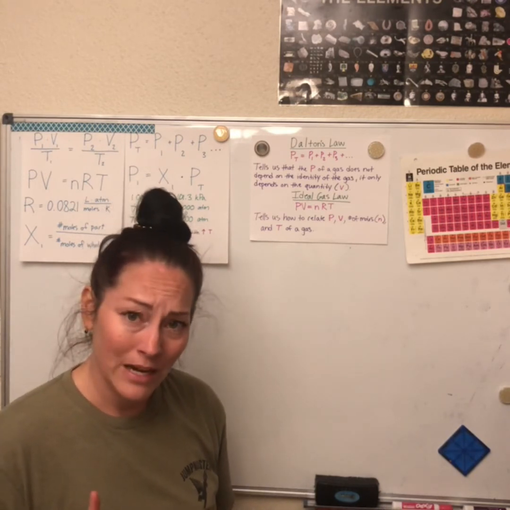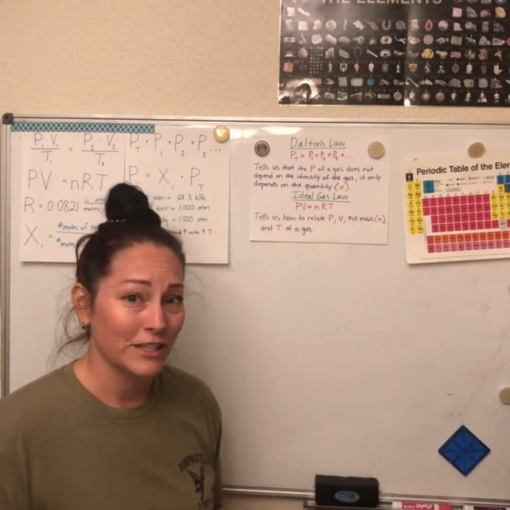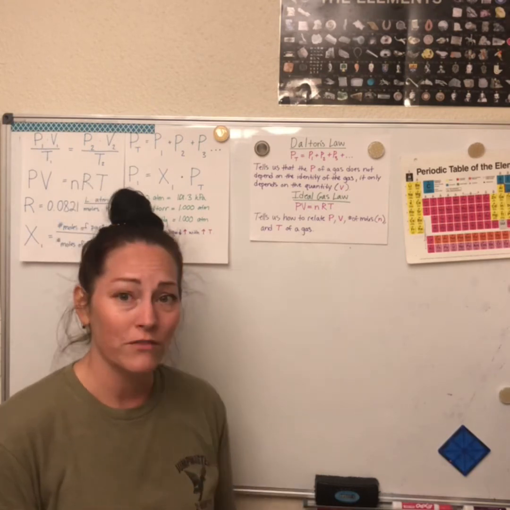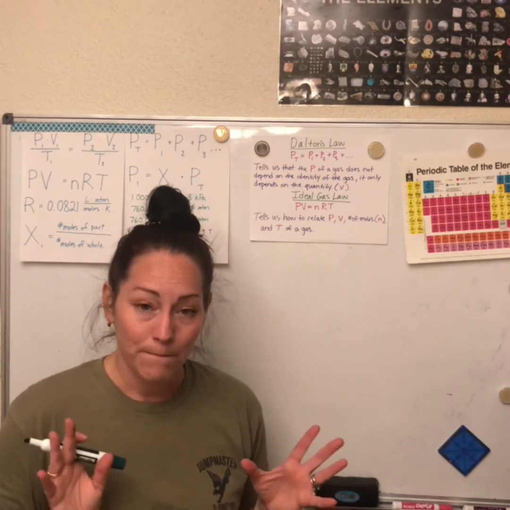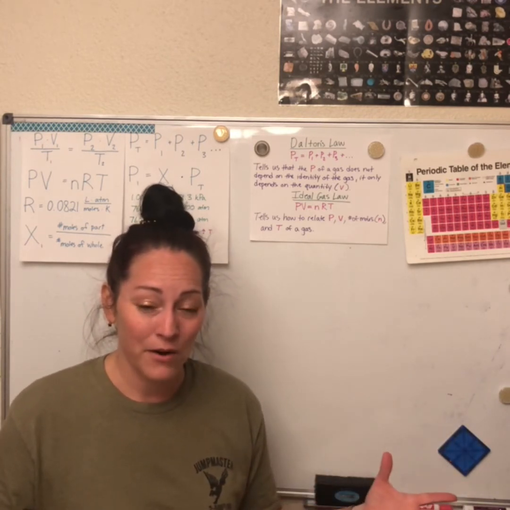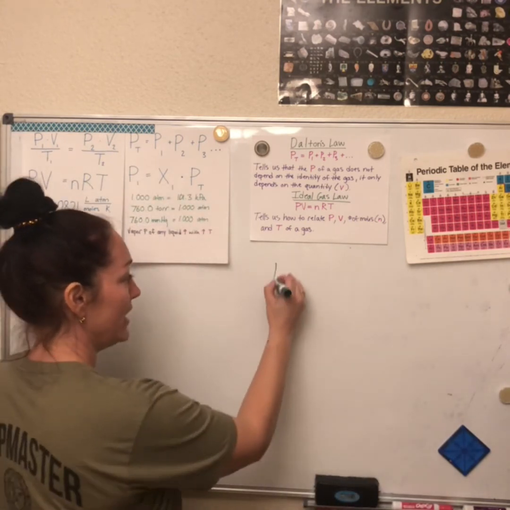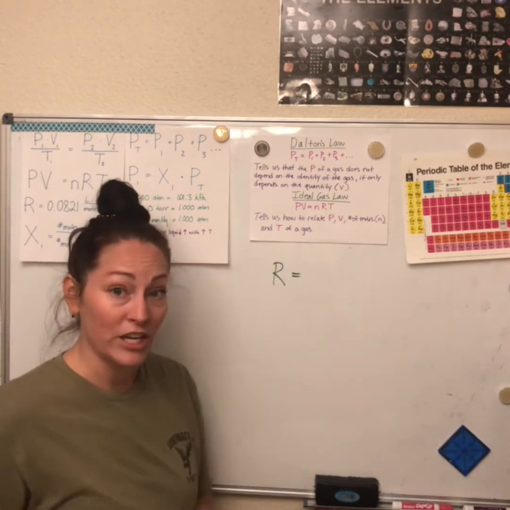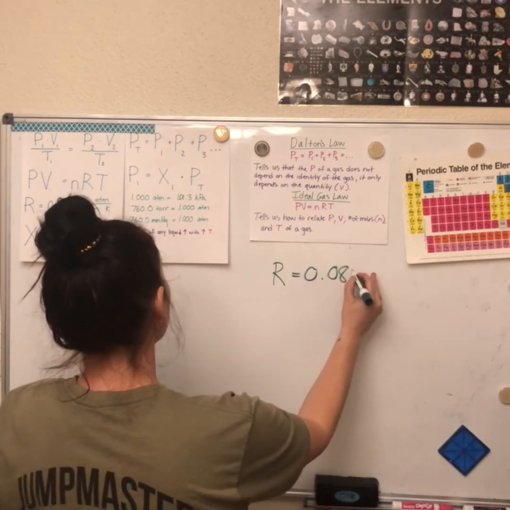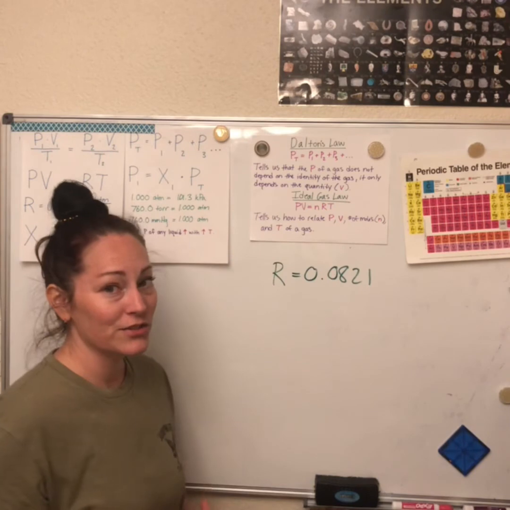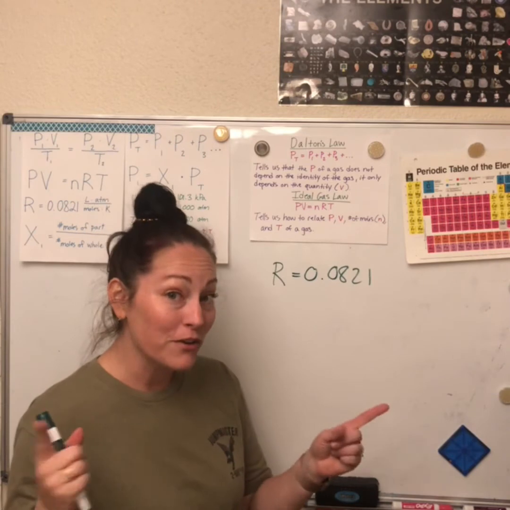So the one thing you need to keep in mind is, remember, when we're dealing with pressures, we've used several different pressures, right? We've used torr, we've used Pascal, we haven't used too many Pascals. We've used atmospheres, okay? So we need to have a way for those units to be represented. So this is going to be the main one we use in our problems, okay? 0.0821. So this number, you're just going to use it enough, you'll have it memorized, 0.0821. And then we have to include all the units because we know eventually they're going to cancel out.